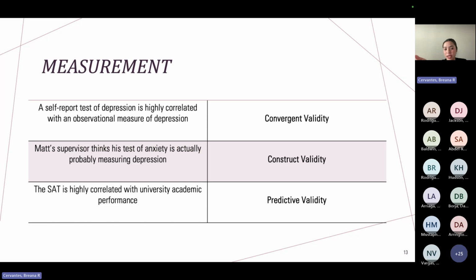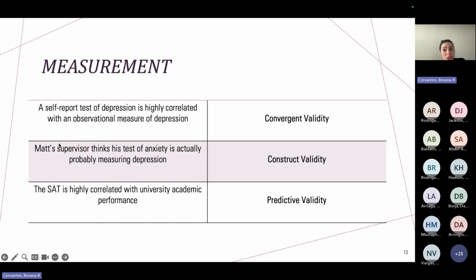I might ask you to fill that out, so that's a self-report test. And if I have you sit down in an observational room and I watch you with specific criteria that I think match depression, and I've given you both tests and they have high correlation with one another, maybe 0.5 or higher, ideally 0.75 or higher, that tells me they're highly correlated.